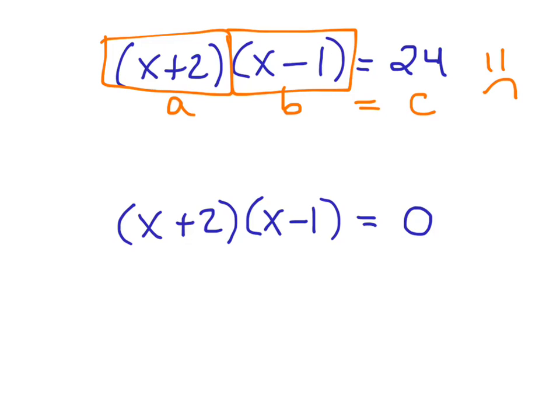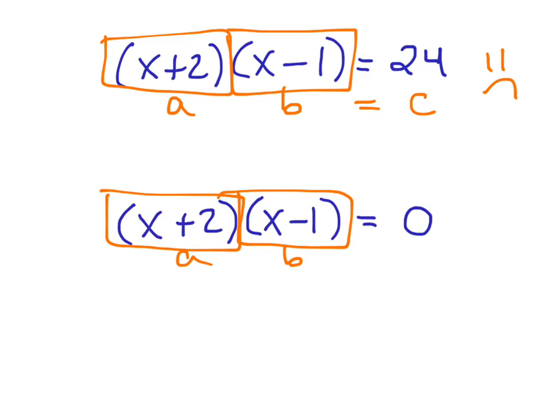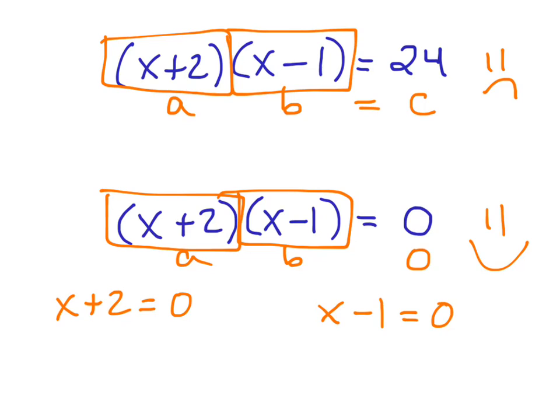However, if we have two parentheses, two expressions being multiplied that equal 0, then this is helpful. This is special. I can use that property, and I know for sure that one of those things, either the x plus 2 or the x minus 1, must equal 0. And this is your property that allows you to split those two expressions into two different equations.